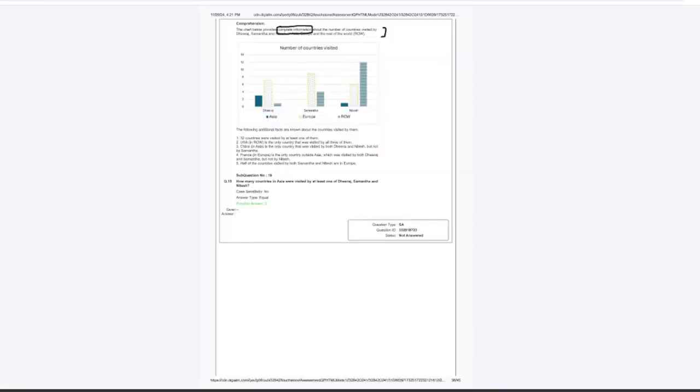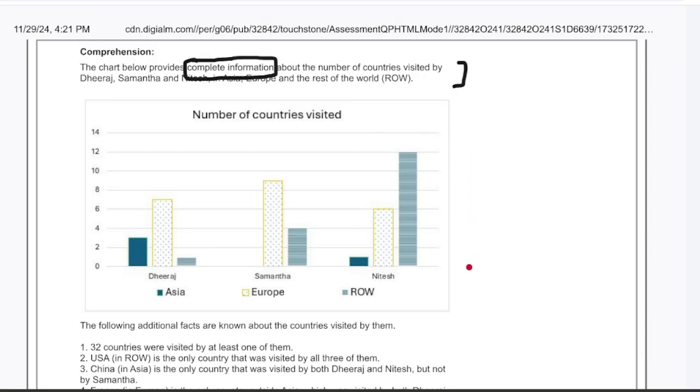Now let's summarize the information of the graph. As per the graph, Dheeraj has visited Asia, 3 countries, Europe, 7 countries, and in rest of the world, only 1. In Samantha, if I talk about Asia, she did not visit any country.